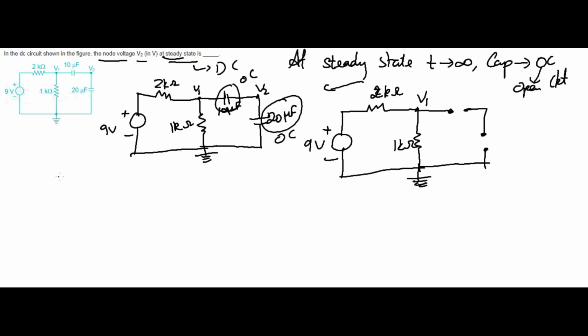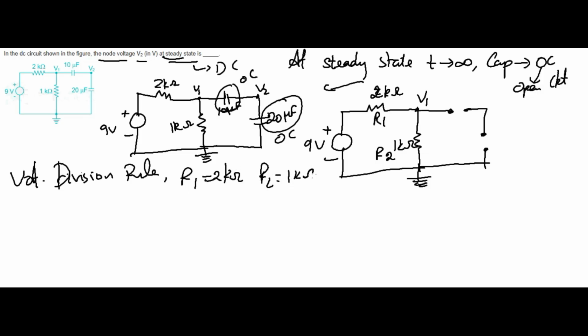Now what do we do? We apply the voltage division rule. You can name them R1 and R2. R1 is equal to 2 k ohm. R2 is equal to 1 k ohm. So I can find V1. The main prime voltage is 9 volt.